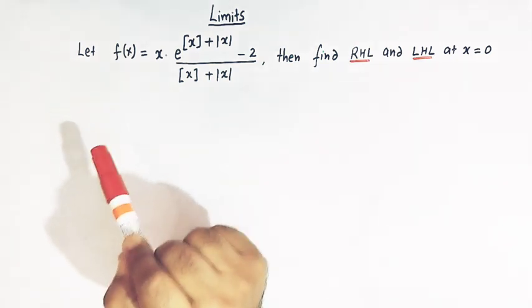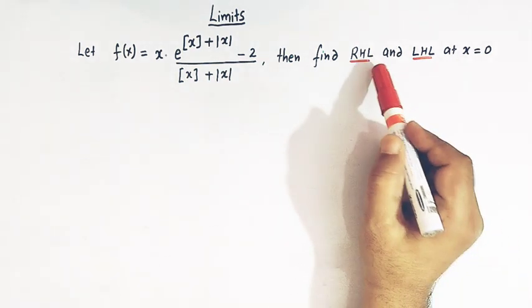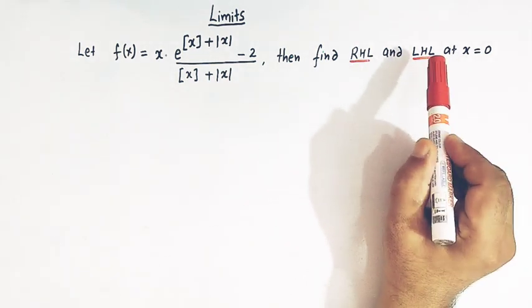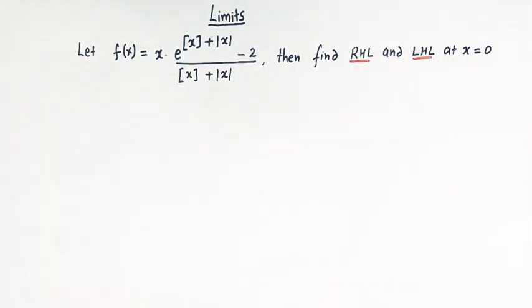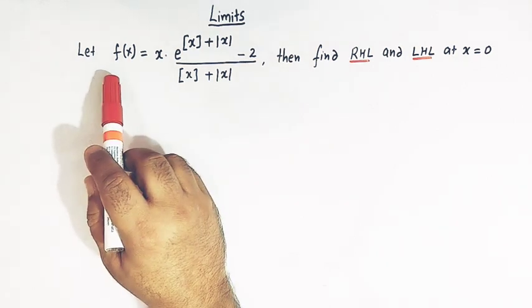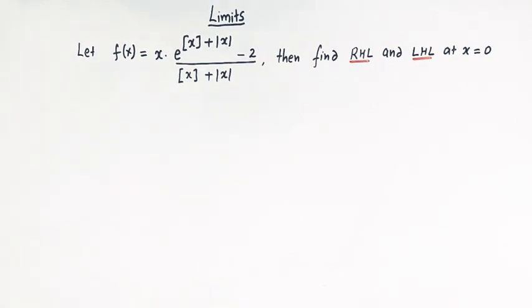In this lecture we'll find the right hand limit and the left hand limit of this function when x approaches 0, and we'll see whether the limit of this function exists at x equal to 0 or not.